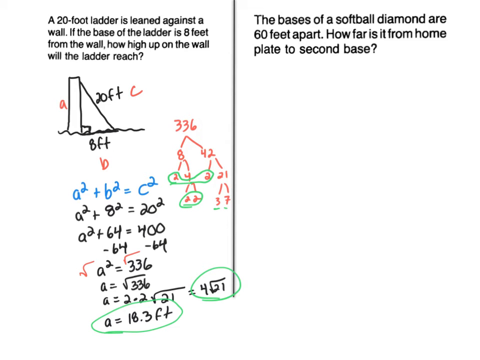All right, number 2, we have the bases of a softball diamond. Those bases are 60 feet apart. So I'm going to go ahead and draw my softball diamond. Let me take another stab at that. Okay, so the sides should all be at least close to the same length. I know there's a base on each corner, and they all make a right angle.